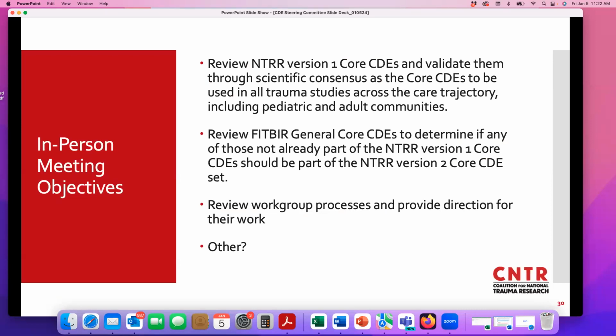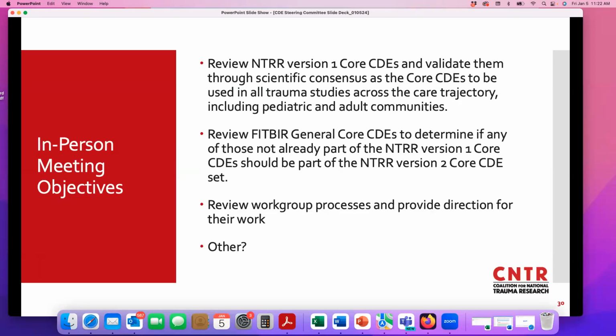If you remember, and I don't remember if we covered it in the orientation, there is a posting of the FITBIR core CDEs and the NTRR version 1 core CDEs on the FITBIR website for people to review. And we'll be starting with that at this in-person meeting, saying, these are the NTRR core from 3 or 4 years ago.